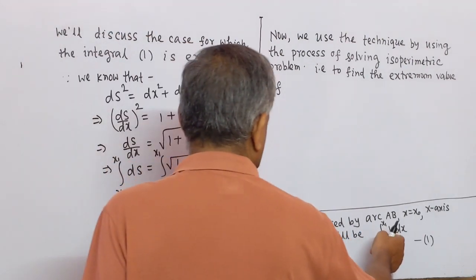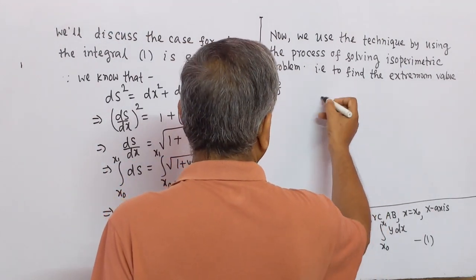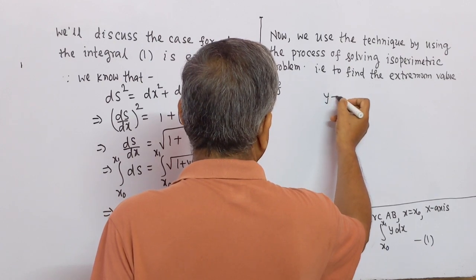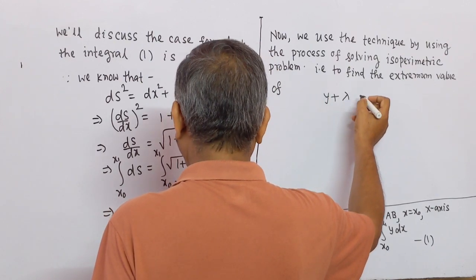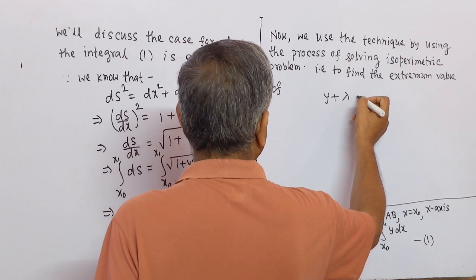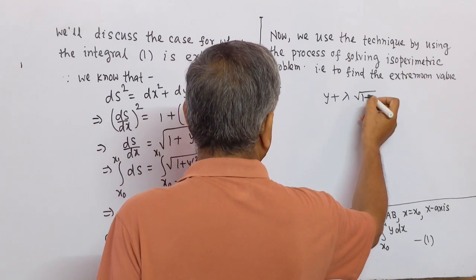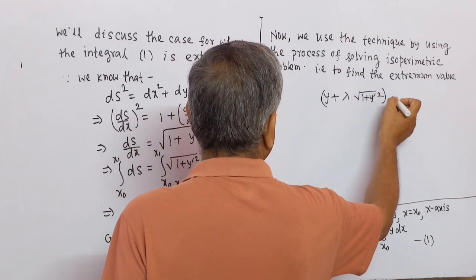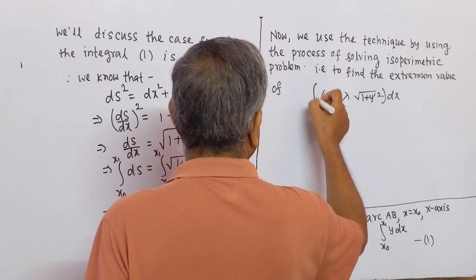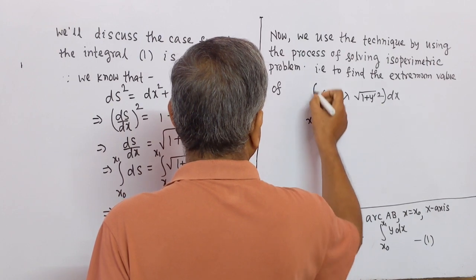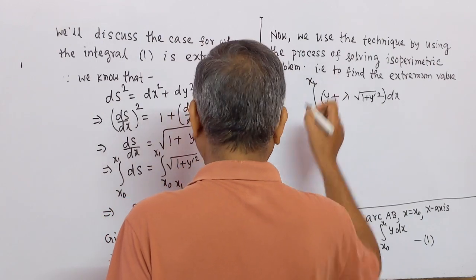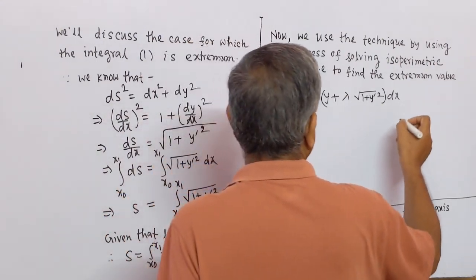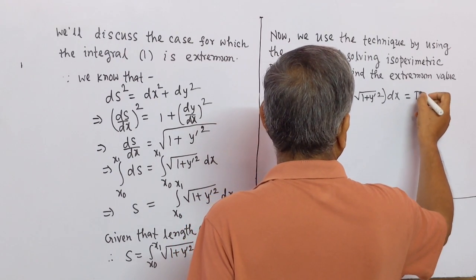So we take first this y plus lambda, parameter, square root 1 plus y prime square dx, integration x0 to x1. Let this is I.